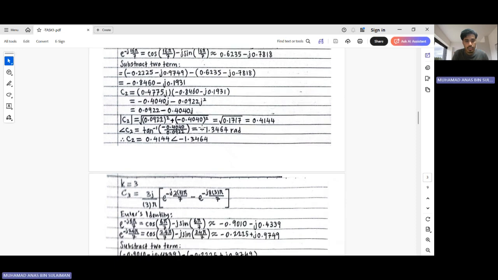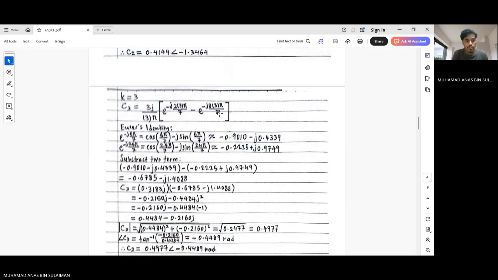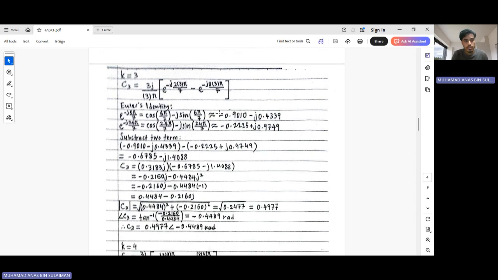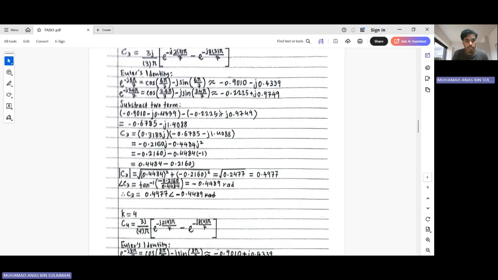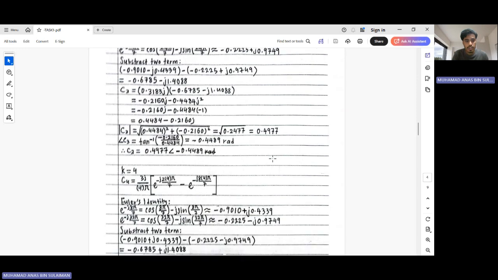To find the magnitude, we get for c2 the magnitude 0.4144 and the phase angle for c2 is negative 1.3464 radian. The c3 also uses the same method, and we get the magnitude of c3 is 0.4977 and the phase angle for c3 is negative 0.4489 radian.